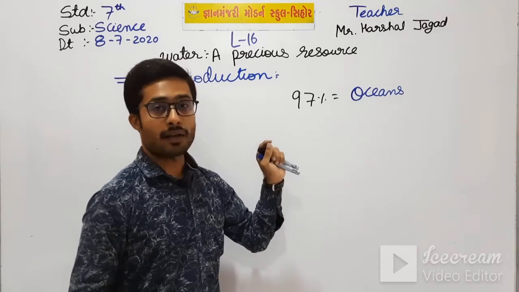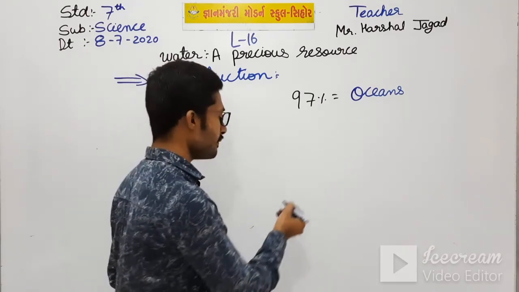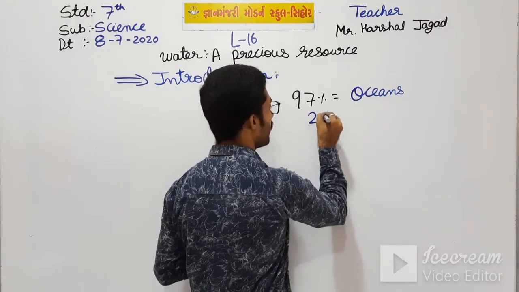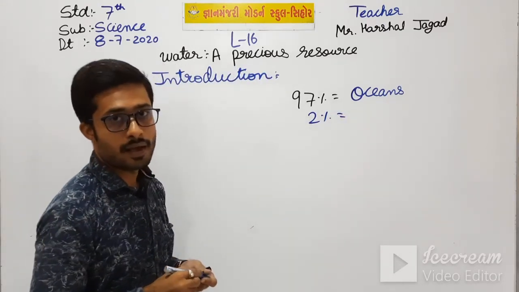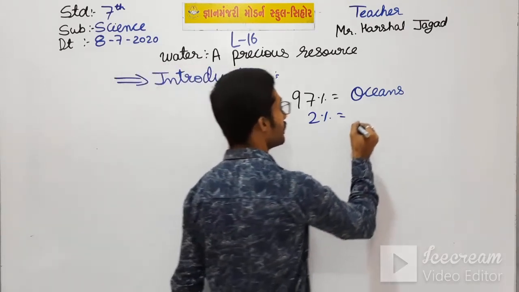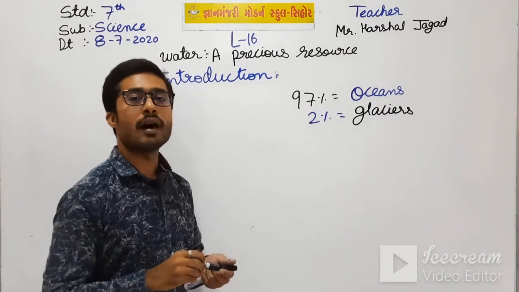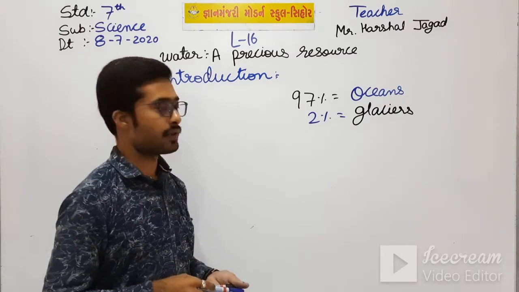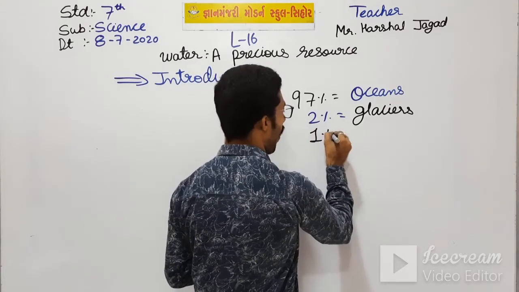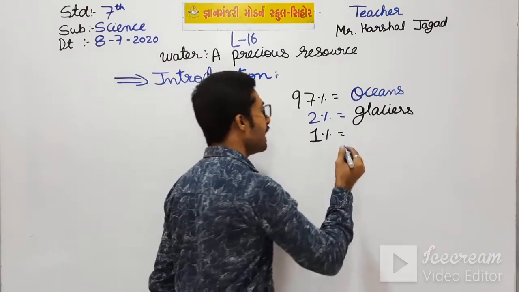So, the ocean water or sea is salty water, so we can't use this, and the 2% of water on the earth is on the glaciers in the form of ice, so that also we can't use, and only 1% of fresh water is there that we used in our daily life.